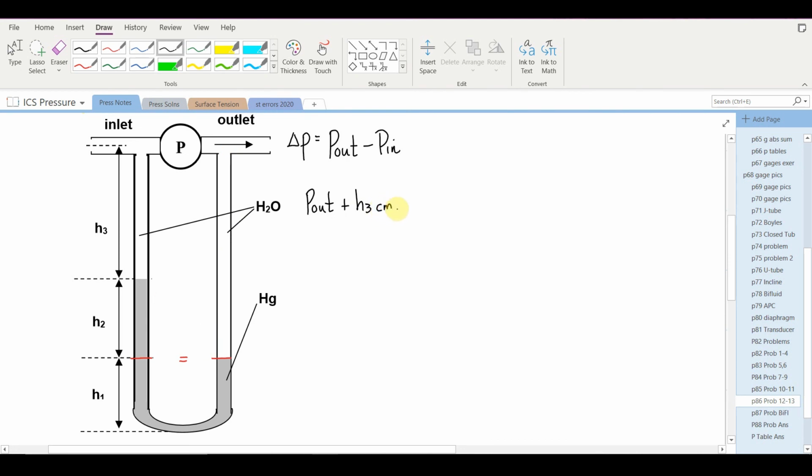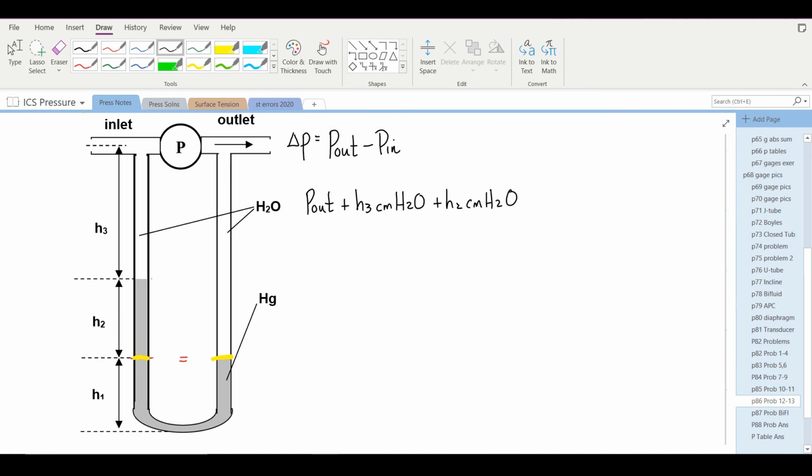H3 centimeters of water plus H2 centimeters of water. Is that not the pressure at this point right here? Sure it is. That's the total pressure at that point. It's the pressure at the outlet plus H3 centimeters of water plus H2 centimeters of water. And that pressure is equal to the pressure right over here.